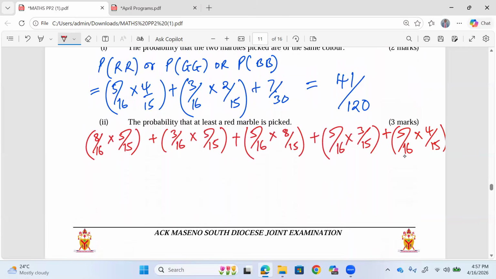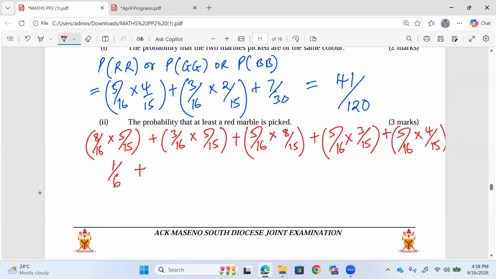That is the probability of picking red followed by another red. Then you can use your calculator to find the final answer. So let us check what we get. I want to compute 8 over 16 multiplied by 5 over 15. This is exactly 1 over 6.